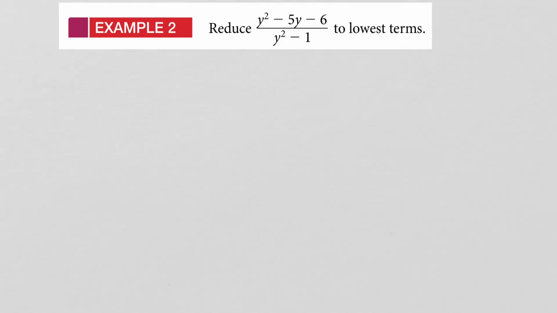In the second example here, same thing. We would like to reduce this. So what I'm going to do is factor the denominator, which is a difference of two squares. That one factors fairly easily. Also, the numerator is a pretty simple trinomial to factor. I don't really feel like I have to use a magic X to do this. I know that y squared is y times y.